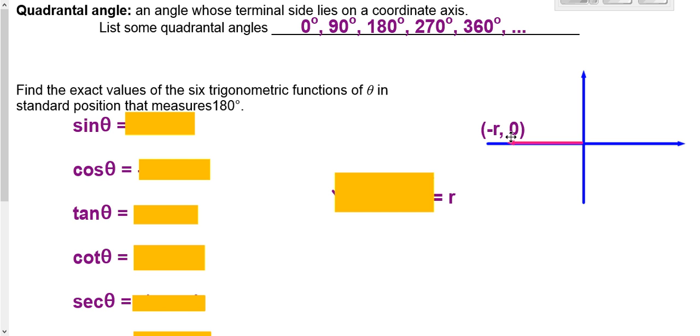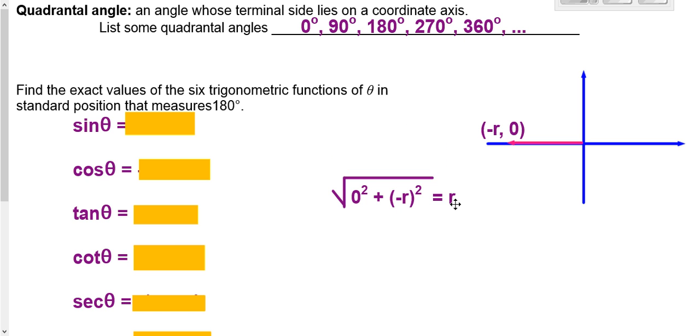So let's consider the point over here that's on 180 degrees. I'm going to give it the coordinates of negative r, comma, 0. Negative r because you're going to the left. Well, r is normally your hypotenuse, and we don't have a triangle formed here, so it's hard to use SOHCAHTOA for this one. But keep in mind, according to the definition of r, we need to go x squared plus y squared inside of our square root, and we said that r is always positive.